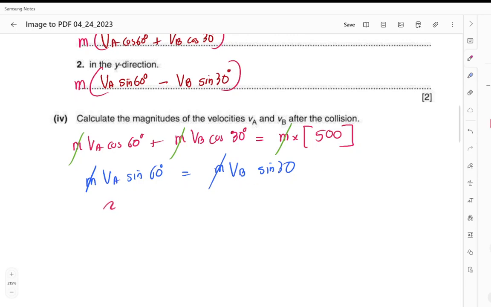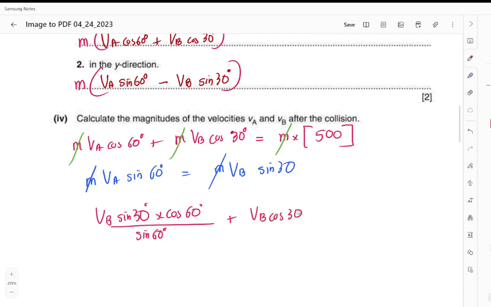We are substituting VA. So this is going to be VB sin 30 multiplied by cos 60 divided by sin 60. I hope I haven't made any mistake. I'll verify it afterwards.